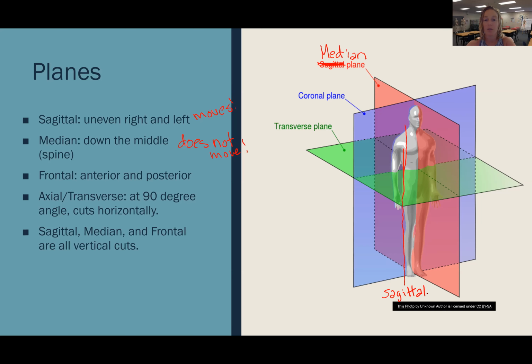Okay, so then we have the frontal plane. And these terms have changed a little bit and they can be switched around. But for our class, we are not going to worry about coronal, which also is frontal. We're only going to call this a frontal plane, okay?